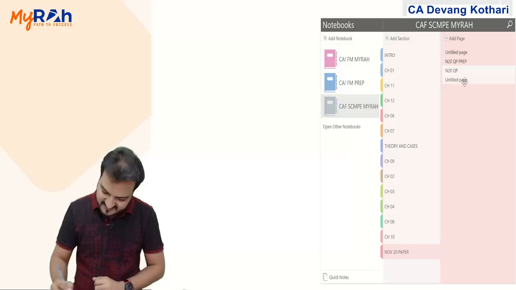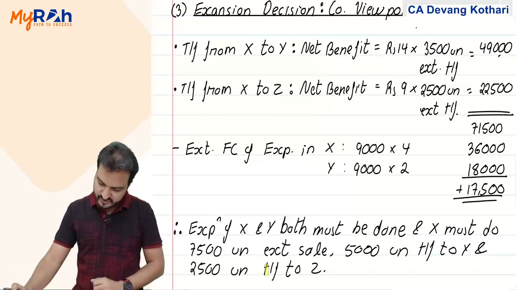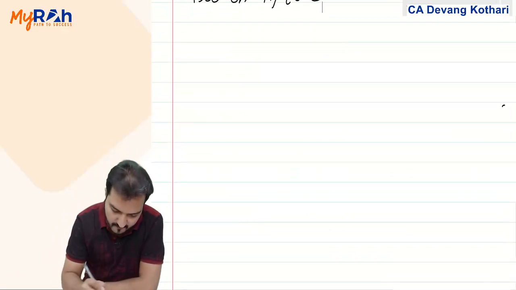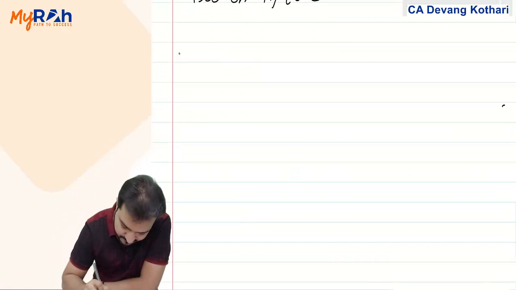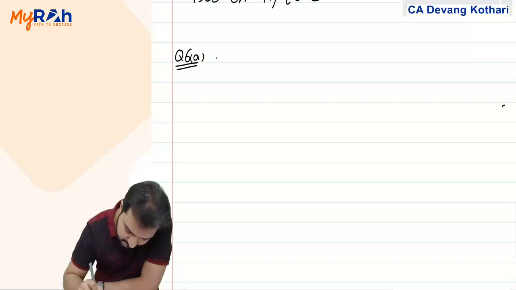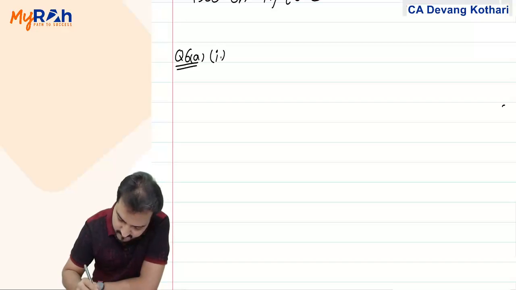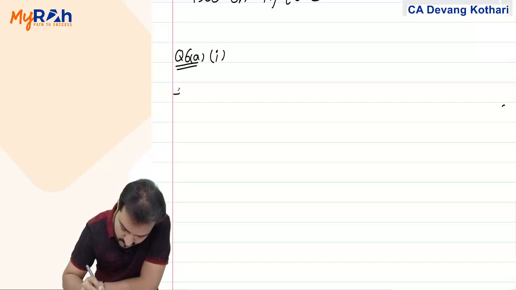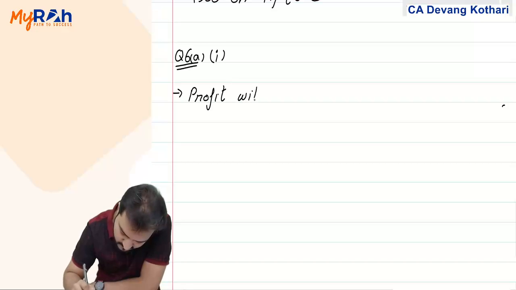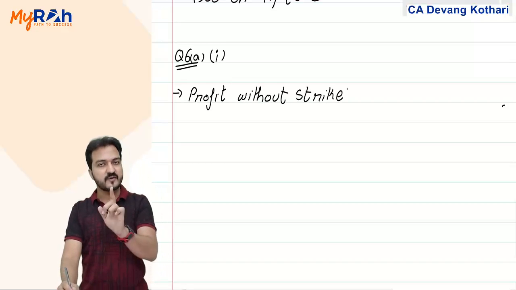Let me show you that working separately here. That is question 6a. First part, I will calculate profit without strike, because without strike was my option 1.